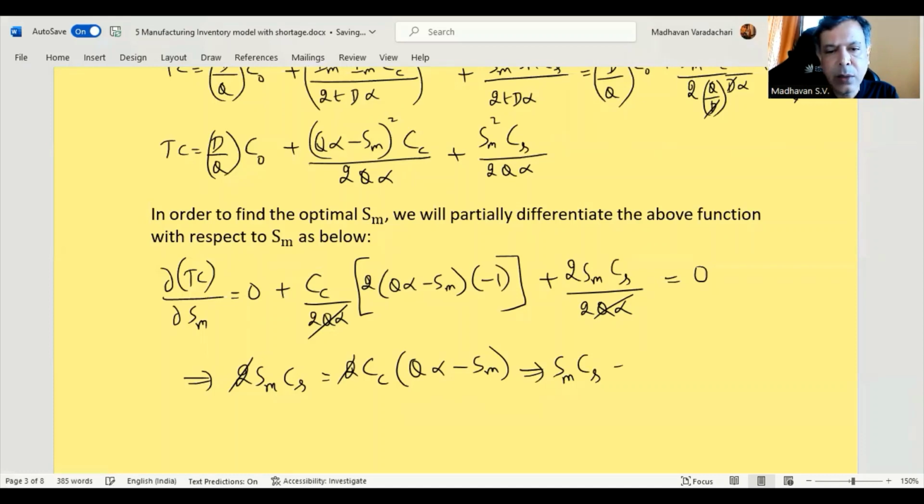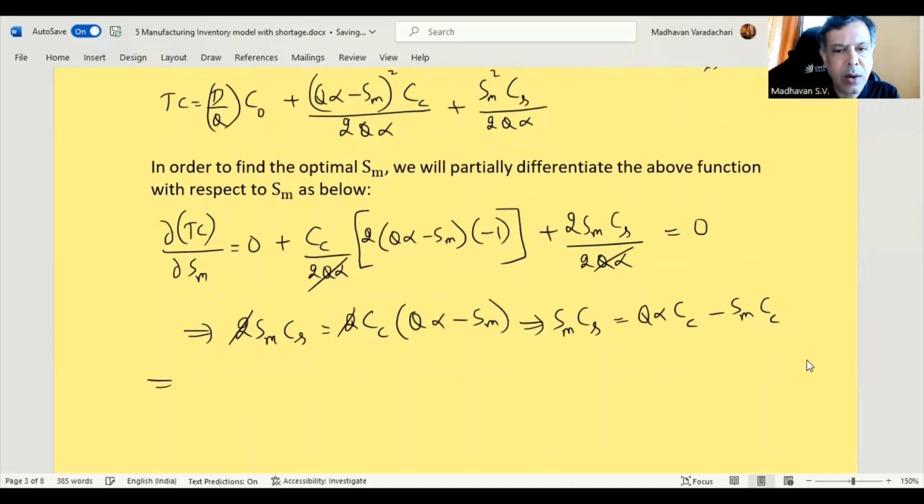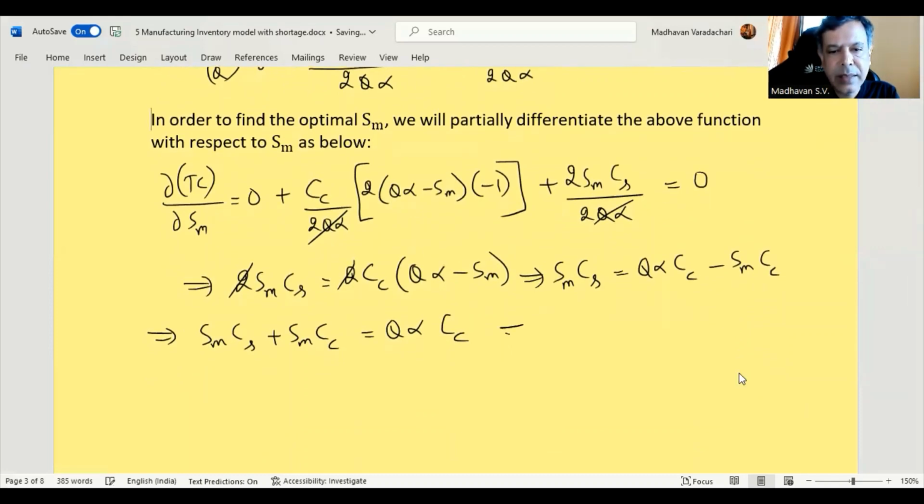So we will expand this now. Sm Cs is equal to Q alpha Cc minus Sm Cc. Now bring this Sm Cc to the left hand side. We will have Sm Cs plus Sm Cc is equal to Q alpha Cc. Means our Sm can be taken common in the left hand side.